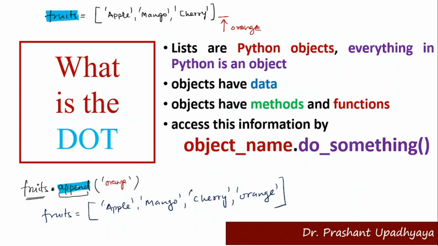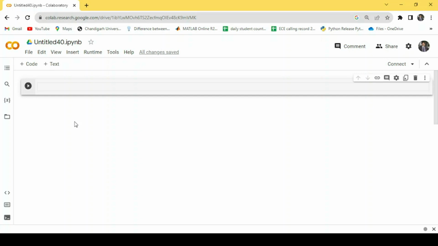So we are going to do the programming now. Let's start with our Google Colab. Let's say I define my list as fruits equal to apple, mango, cherry.